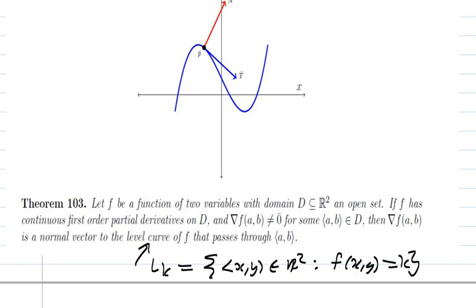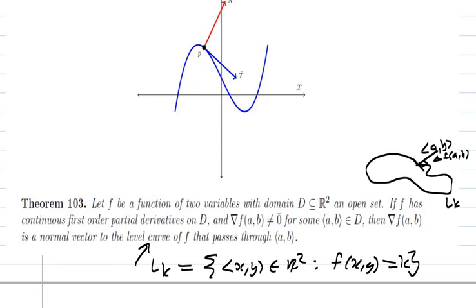So what theorem 103 is actually saying is that if you have a point (a, b) and a function of two variables and you form its level curve that passes through the point (a, b) and you calculate grad f at the point (a, b), then the level curve is perpendicular to grad f.